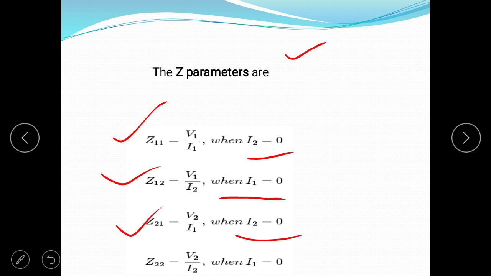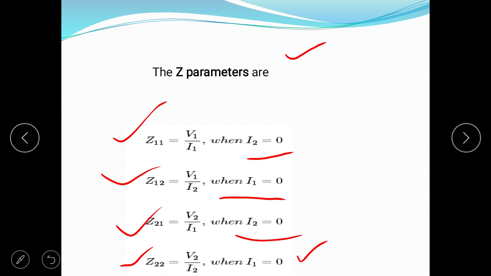And Z22 is equal to V2 upon I2 when I1 is equal to 0. Means Z22 is the ratio of V2 upon I2 when input port is open circuited. So these are the four Z parameters, that is Z11, Z12, Z21 and Z22.